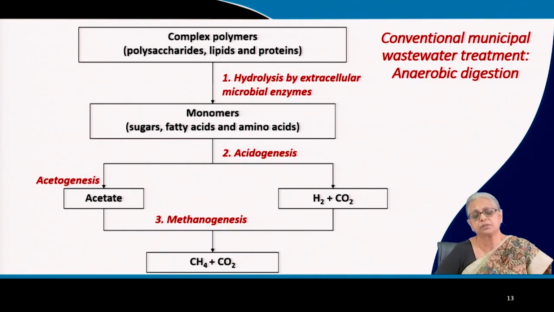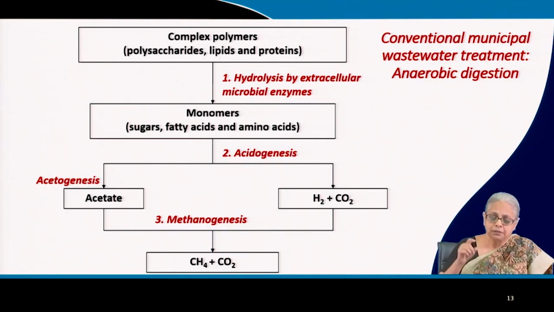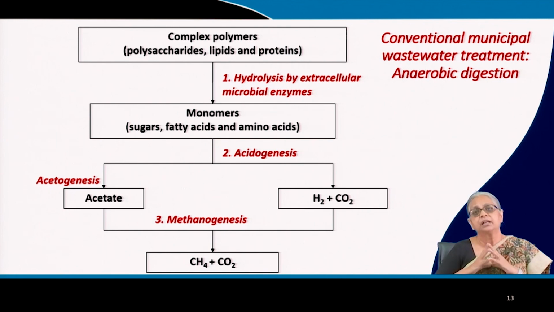Now acidogenesis is called acidogenesis for one simple reason. The main step that happens here in the first case is the generation of volatile fatty acids. These volatile fatty acids are C3, C4, C5 carbon containing acids. So you have propionic acid, butyric acid, and so on.